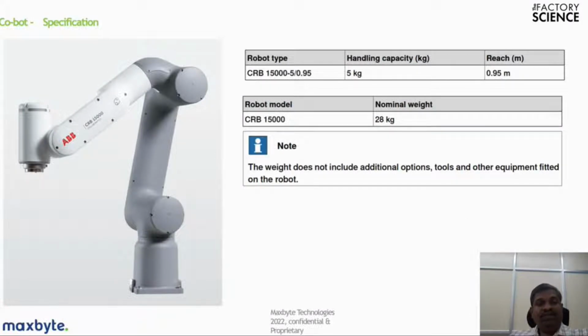Coming to the major specifications, the handling capacity is 5 kg and the reach is 0.95 meters. Its weight is 28 kg. This is something like a washing machine: we can order the robot, get it, and install it on the same day on our own.